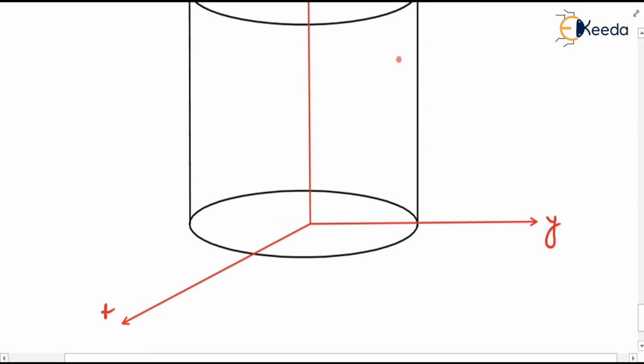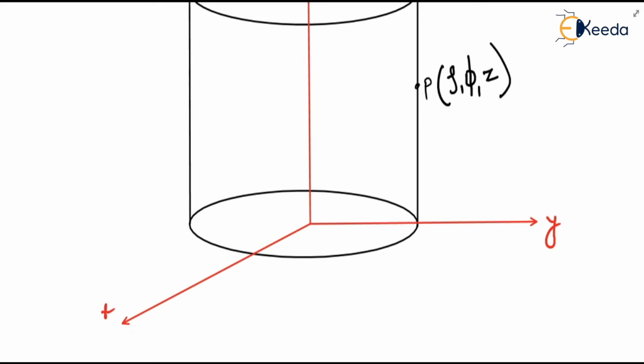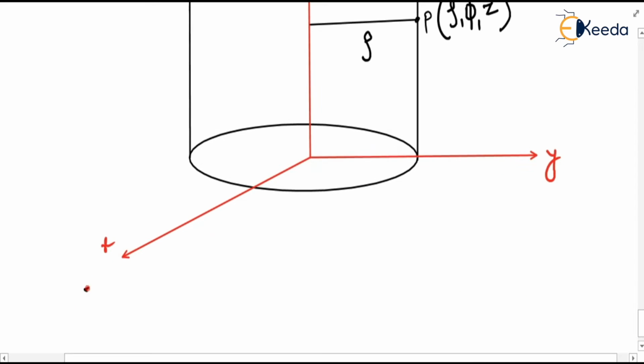So a point is lying on the surface of the cylinder. It will have coordinates rho, phi, z. Rho is the perpendicular distance of the point from the z-axis. So this distance is rho. I can say rho is the radius of the cylinder.